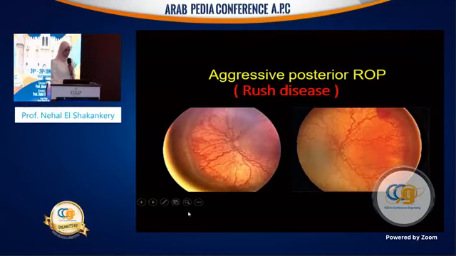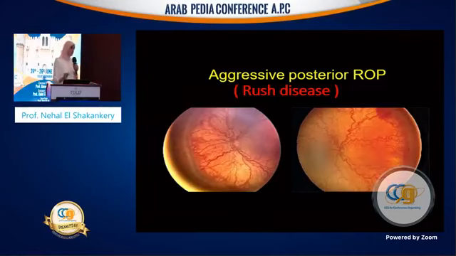If you see here, this is stage 2, and in this eye, stage 3, there is hemorrhage, there is a vascular ridge, and there is marked tortuosity of the retinal vessels. This is called plus disease, and it is present around the disc. If you see this picture, we call it aggressive posterior ROP.